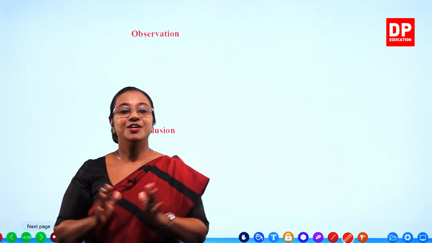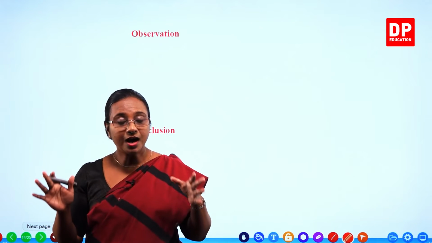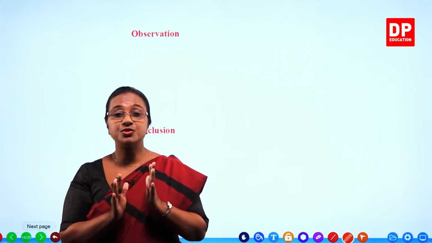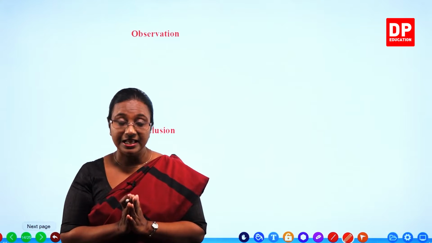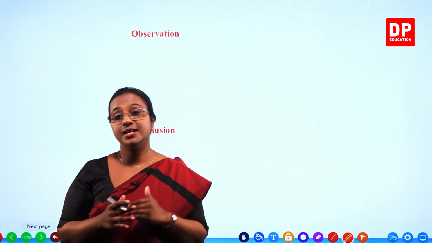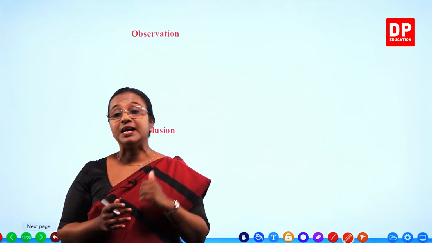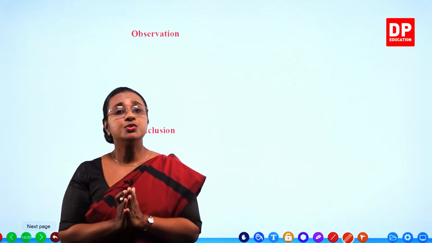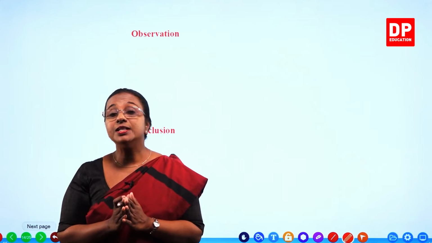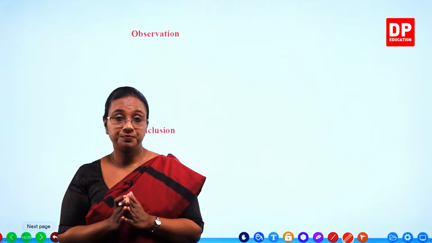Okay, students. So did you all observe how we set up the apparatus to collect hydrogen gas properly? I am sure you all did. And then you saw how hydrogen gas was collected by the downward displacement of water. So during this, what were the observations you all saw?